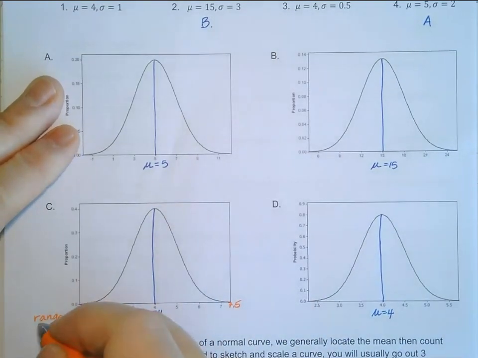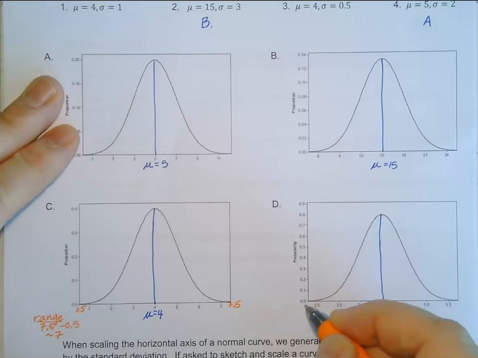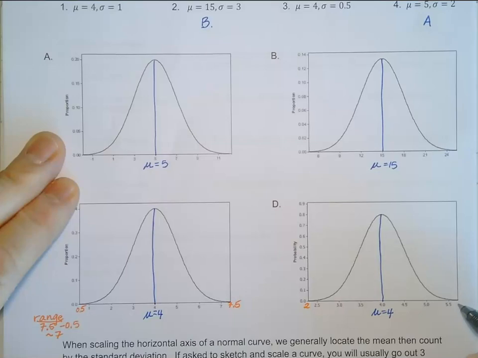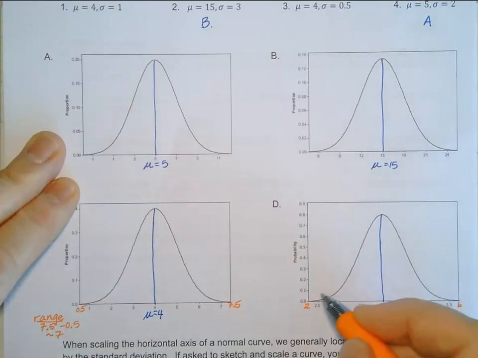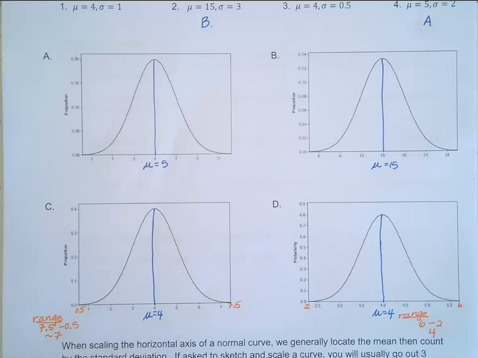We're just close. Now for this other one, it looks like this is about 2 right here. This looks like it's about 6 over here. And so if I'm looking for the range of this one, it would be 6 minus 2, which is 4.